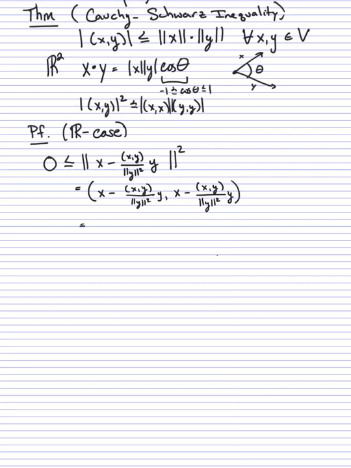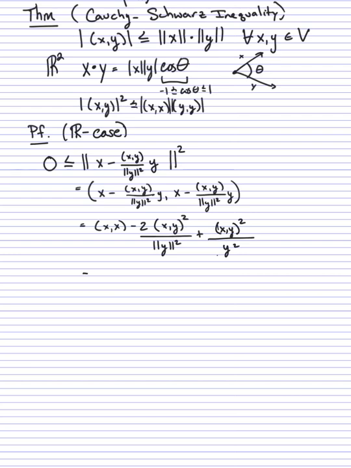By linearity this is xx minus 2 times the inner product of xy squared over the norm of y squared, plus the inner product of xy squared over the norm of y squared, because I get the norm of y to the fourth times yy, which is the norm of y squared.